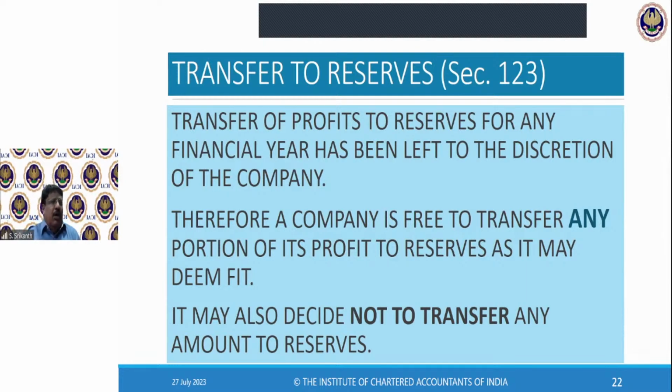So the board takes the call. So a company is free to transfer any portion of its profits to reserves as it may deem fit. May also decide not to transfer any amount to reserves. So this year, no transfer to reserves. No problem. If you want to transfer, transfer. This is your call. Nobody can force you. No compulsory, only optional at the discretion of the company.